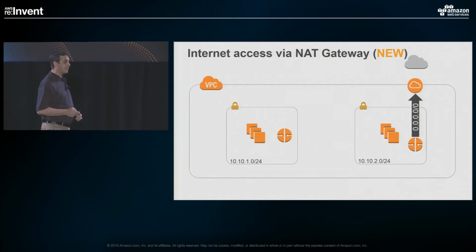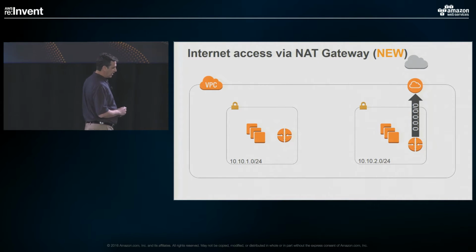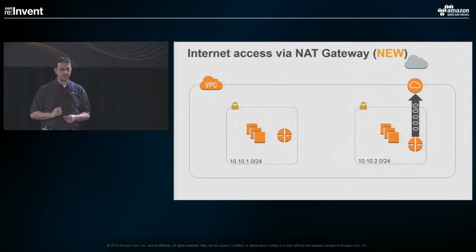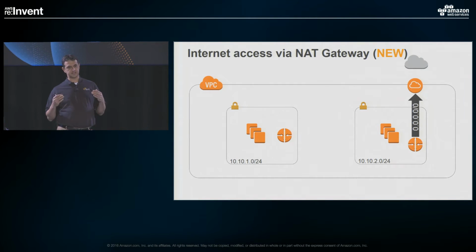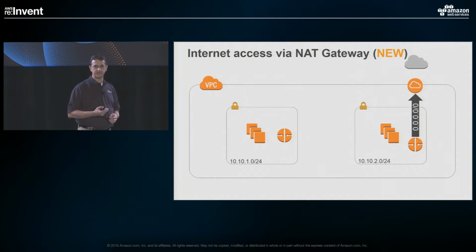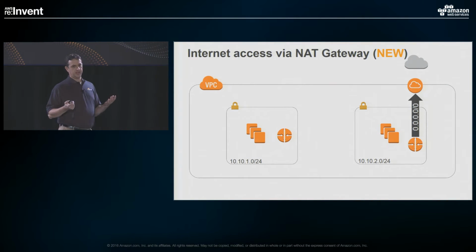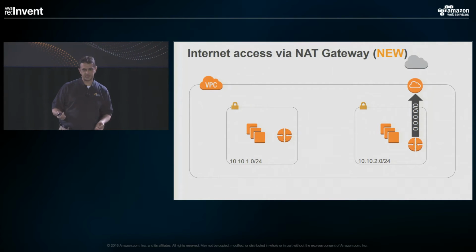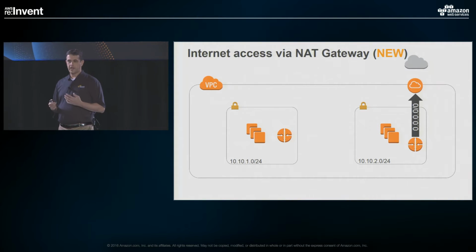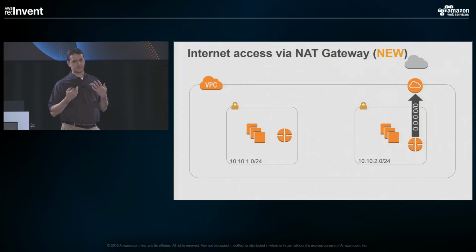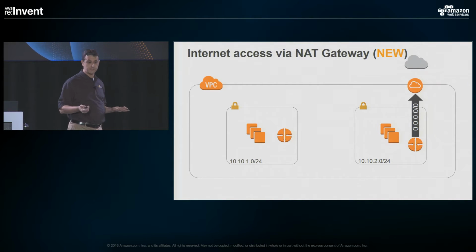Now, in December of last year, we introduced the VPC NAT Gateway service. This eliminates the need for you to set up EC2 instances, configure them with IP tables or your favorite NAT service, and worry about availability and scalability of that instance itself. The NAT Gateway is a fully managed service, where AWS takes care of availability and scaling for you.